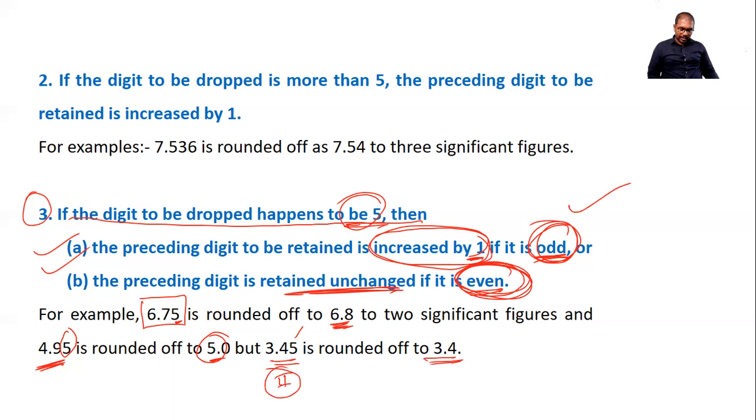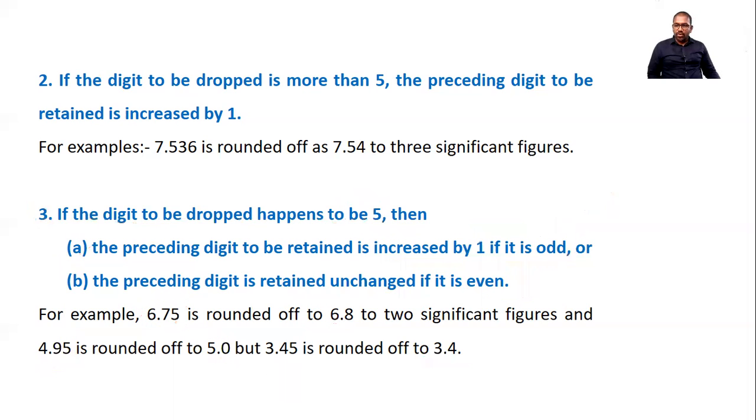So you note one thing here. If the preceding digit is even, then you have to keep it unchanged. If the preceding digit is odd, then you have to increase it by 1. Let's see some more examples. 6.825. You have to round off this number to 3 significant figures. So you have to drop this 5.